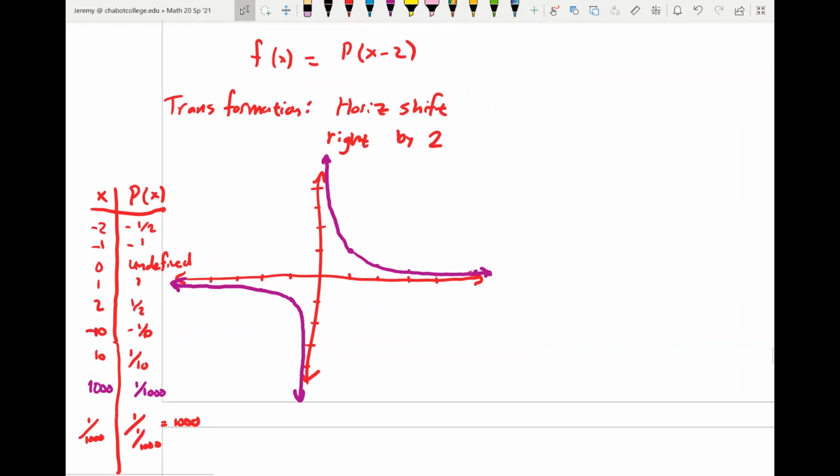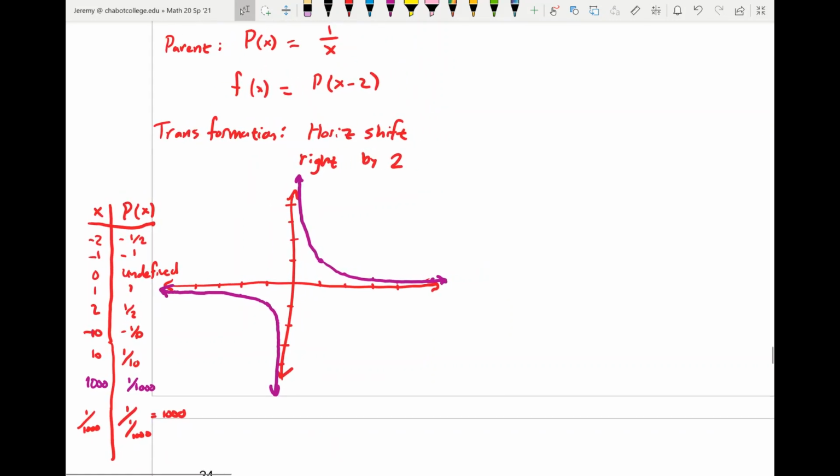So it's a very imperfect picture. Your calculator could do a better job of getting a good looking graph, but I hope that you get the idea here. Okay, so notice that the graph is getting really, really close to the x-axis, or the line y equals 0.